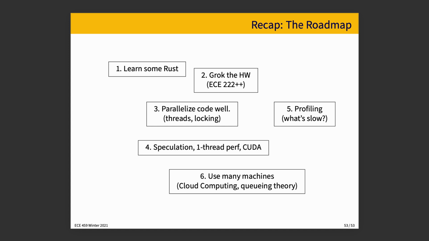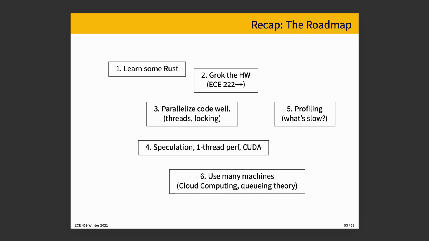And then we get into cloud computing, which talks about how we have multiple machines in the first place, but also something brief about queuing theory, which allows us to answer questions like, how many machines are we going to need? How many servers should we provision for our particular program? Those kinds of questions will be answered with queuing theory.